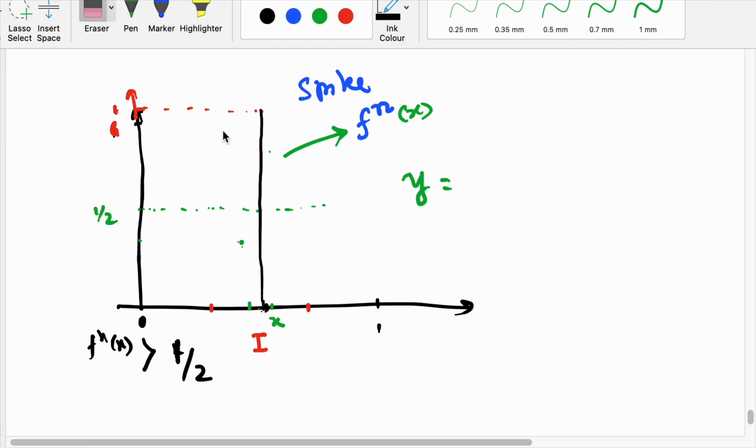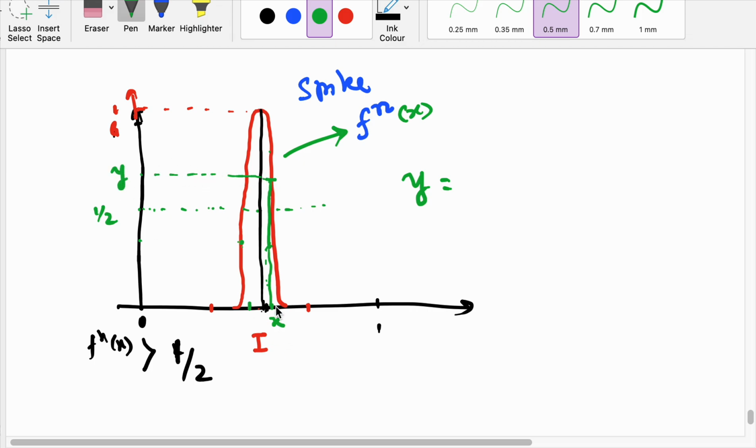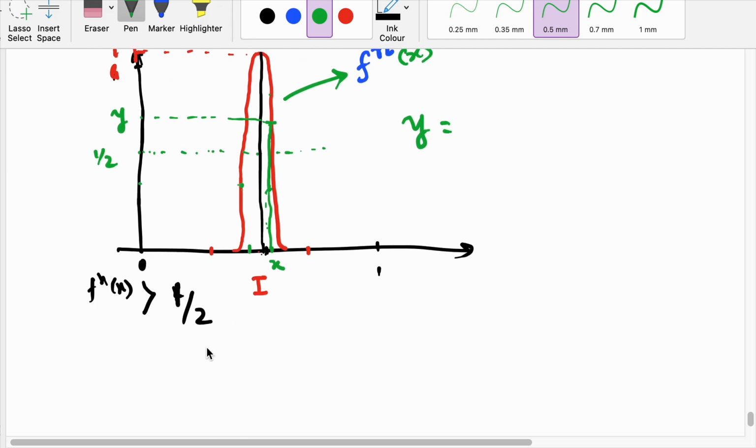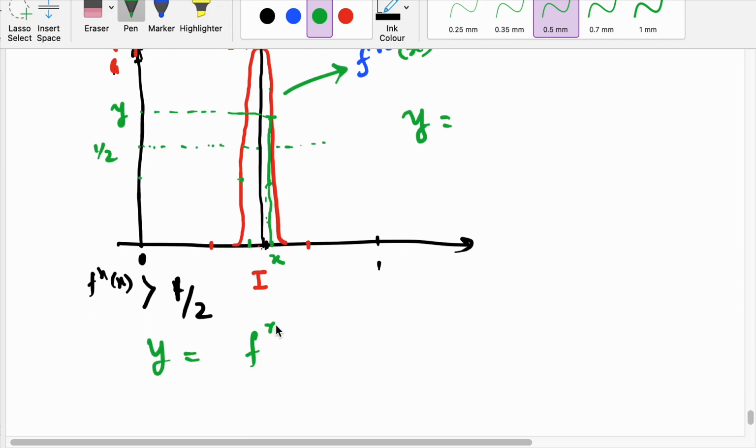My drawing is very horrible. Suppose this becomes y, so y is f^n(x), which is greater than half.